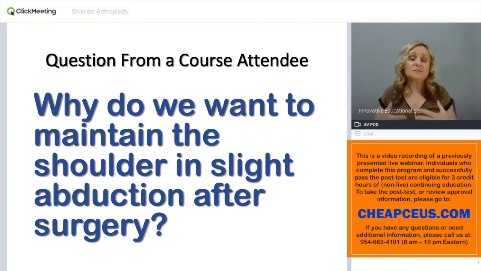Or sometimes the physician has actually tried to repair some of the rotator cuff if that was possible, to see if they can retain any of it. So we don't want to stress the positioning of that repair. It is something though where you want to find out from the physician what additional procedures he may have done along with just the replacement, and that might give you some more insight as to what tissues they're trying to avoid stressing while they heal.